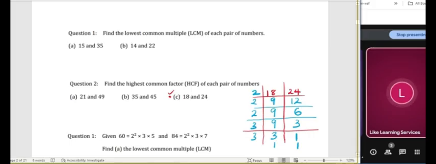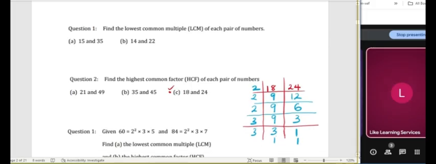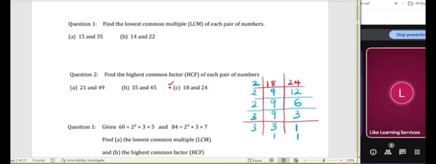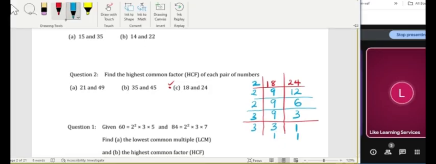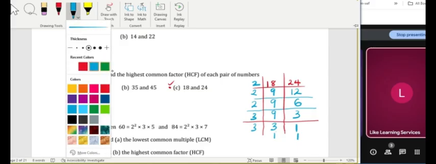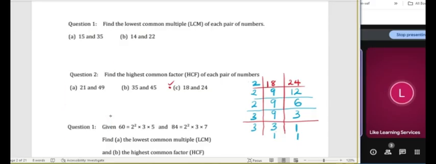So for LCM, you multiply everything, isn't it? Yes. And for HCF, let's take the ones that divided all through, first of all. These first 2 divide all through. Yes, we take it. This second 2, did it divide all through? No. This third 2? No. This first 3?